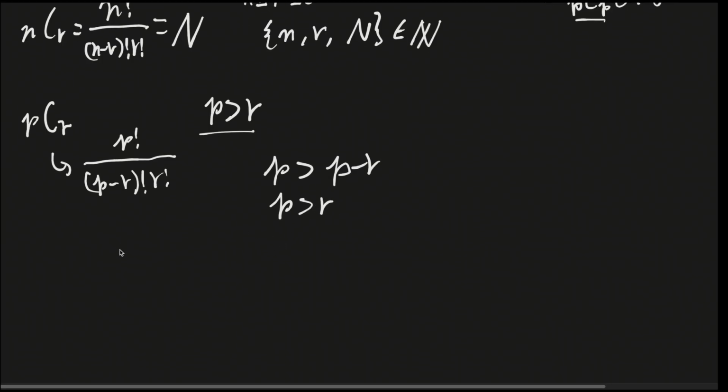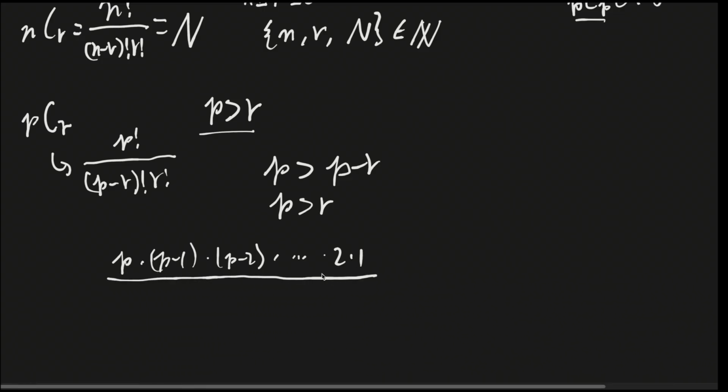Then when we write the numerator, we get P times P minus 1 times P minus 2, down to 2 times 1, all over P minus R factorial times R factorial.